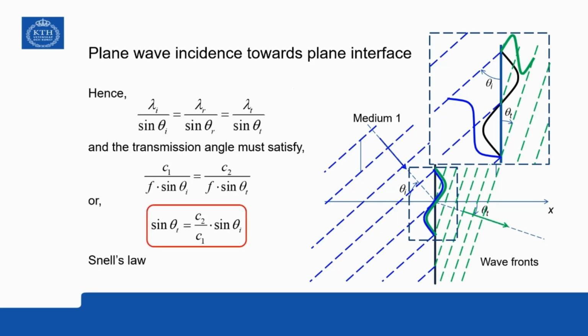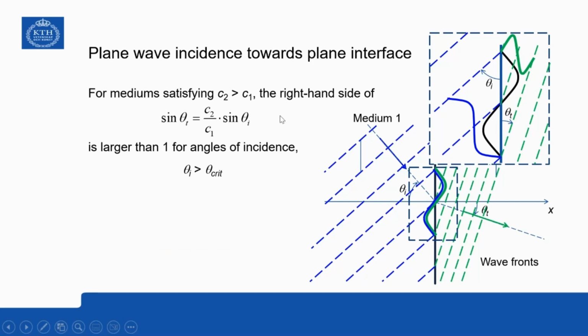So if you consider this relationship now, if C2 is larger than C1, that is, if the speed of sound is higher in medium 2 than in medium 1, then you see here that this ratio is larger than 1. So that means that for angles theta I that are large enough, the right-hand side of this equation will be larger than 1.